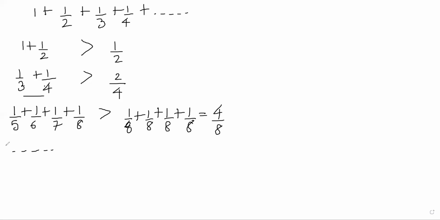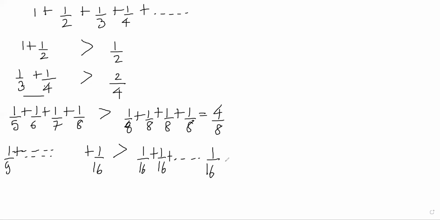Then next you will take 1 by 9 onwards, you will take 8 terms till 16, right? And then you will say greater than 1 by 16 plus 1 by 16, 8 times. That will also be 8 by 16.